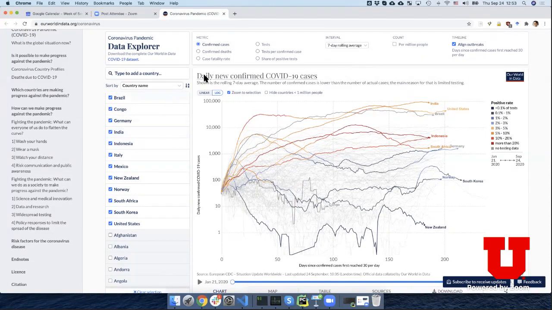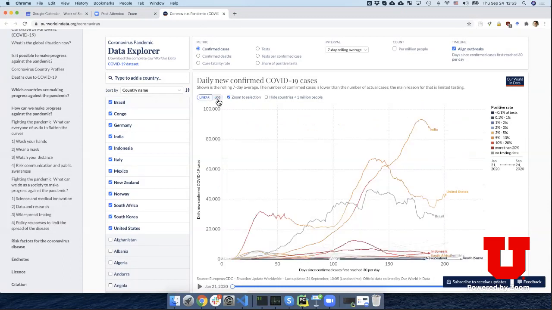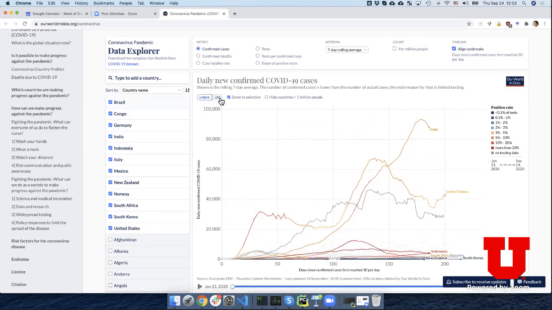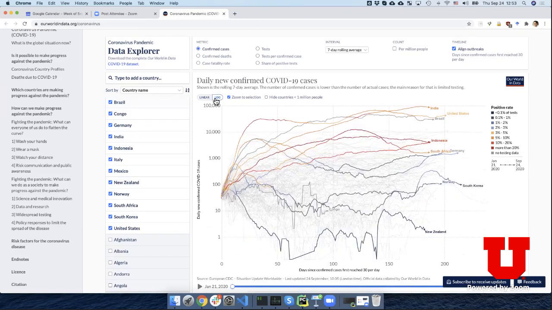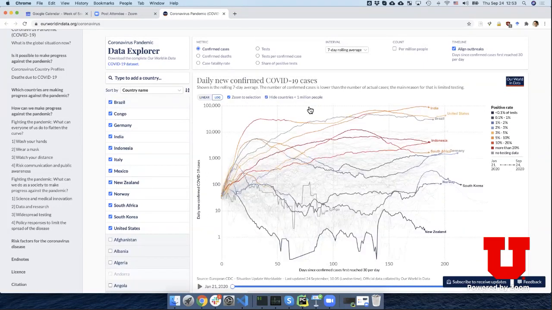For example, we can switch between a linear and a log scale easily. So we can see both of these perspectives, and the log scale, of course, shows us quite a different picture than the linear scale. We can do things like hide countries with less than 1 million people. That cleans up things a little bit.